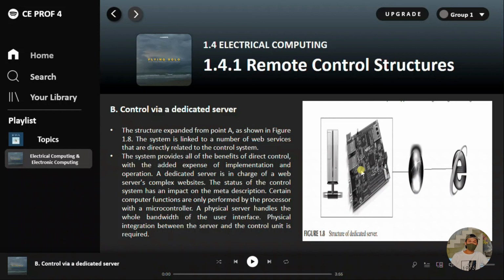Physical integration between the server and the control unit is required because, due to the large measurements of the servers, the connection is not always possible in terms of the controller height. It raises delay to link a device to a controller on the wrong slots.